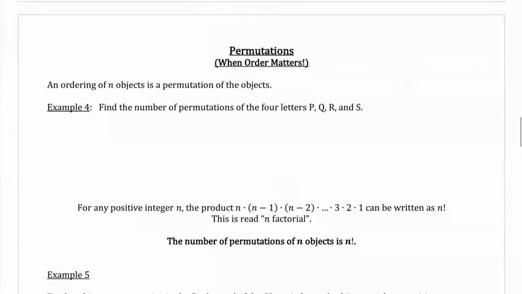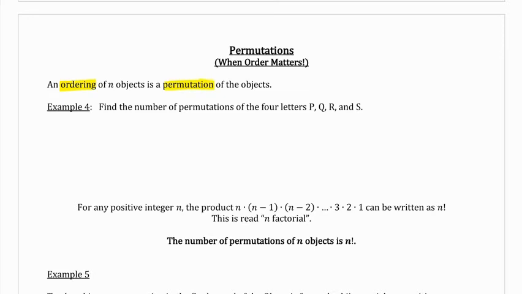So what we've been talking about is the basic counting principle. Now there are a couple specific types of counting that we're going to do. One's called permutations, the other's called combinations, and we'll get there. Okay, so an ordering of n objects is a permutation of the objects. Two important words there: ordering is a permutation, right?